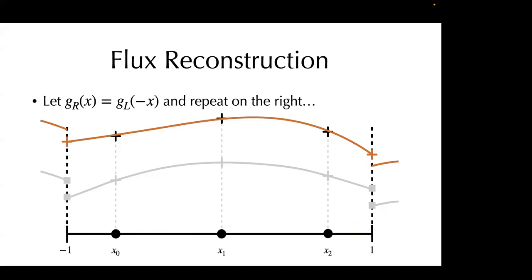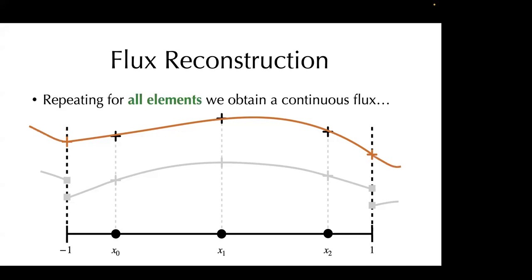The result of these two corrections is that my flux polynomial inside this element is now of degree k plus 1 and takes on the values of the common interface flux at both the left-hand side and the right-hand side.